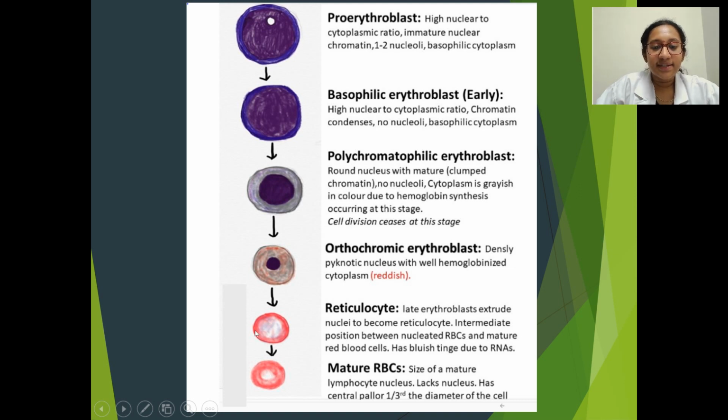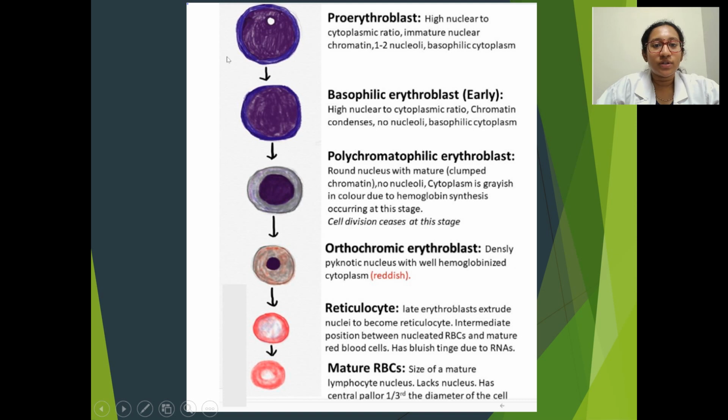This is the premature form where there is no nucleus, and this will get into the peripheral circulation and then form the mature RBCs, where the size is further reduced and there is no nucleus, and it has central pallor. That is, there is no hemoglobinization seen in the central part when you see from above. So the central pallor occupies the middle one third of the normal mature RBC. So these are the different stages.